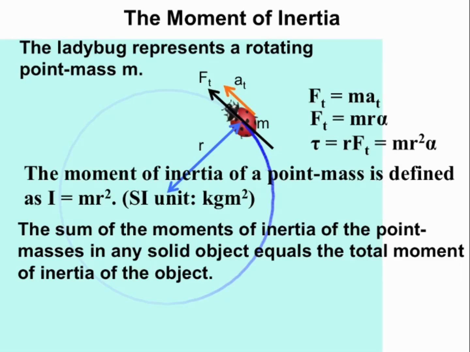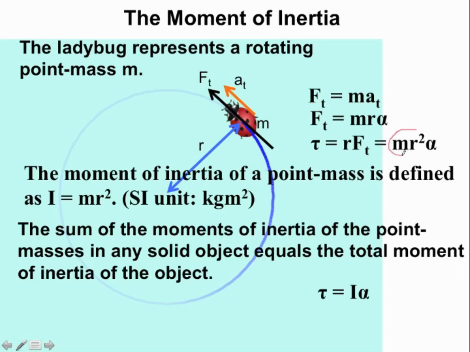And this brings us to torque equals I alpha. All right, torque equals I alpha. Now, where do we get this? If you just look up here, you can see where it comes from. I already was able to define torque as mr squared alpha.